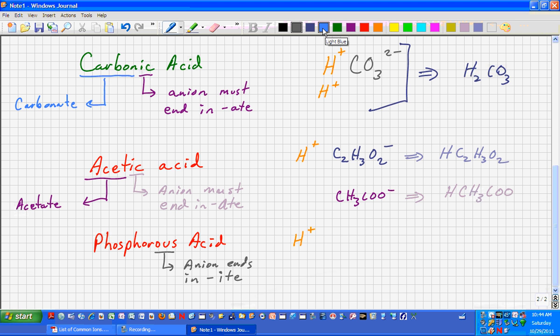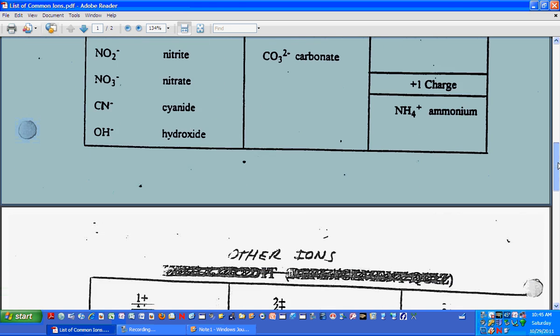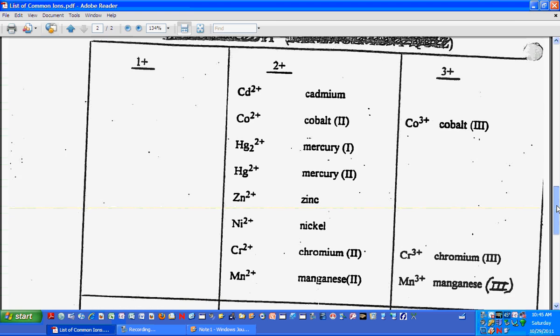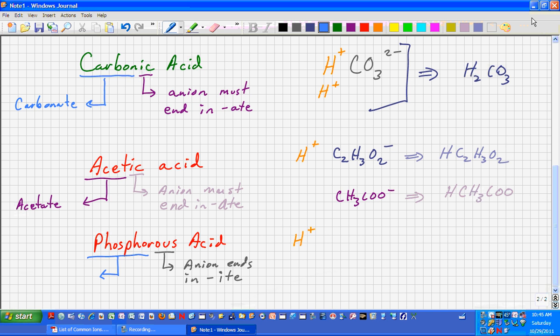This root here, phosphor, is for any phosphorus-containing anion or acid. So I'm looking for something with phosphorus ending in ite. It's not one of the ones we had to memorize, but it is on the back side of my ion sheet, my reference side. There it is, phosphite is PO3 3 negative.